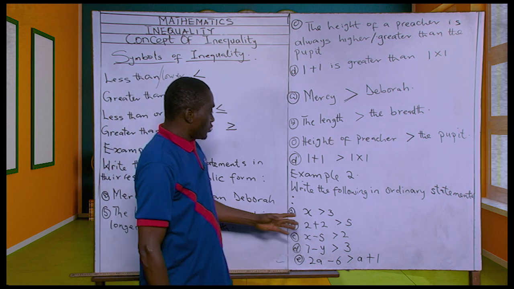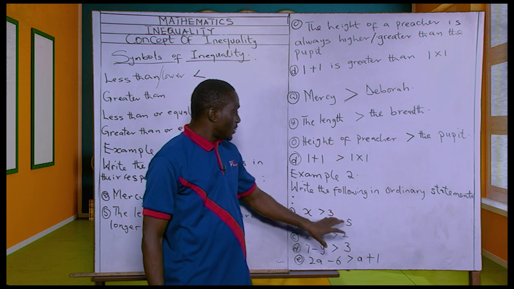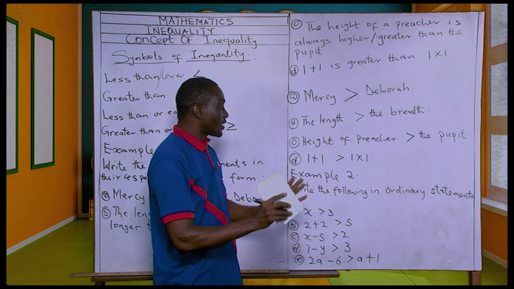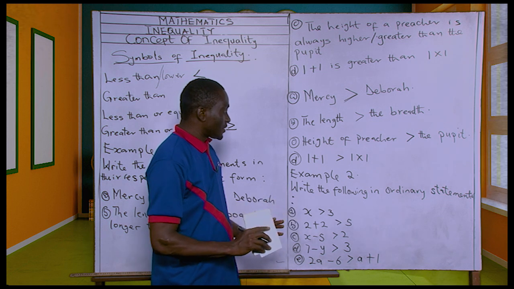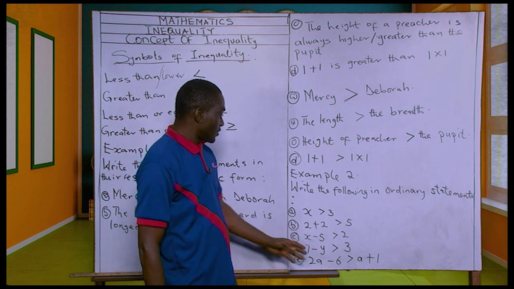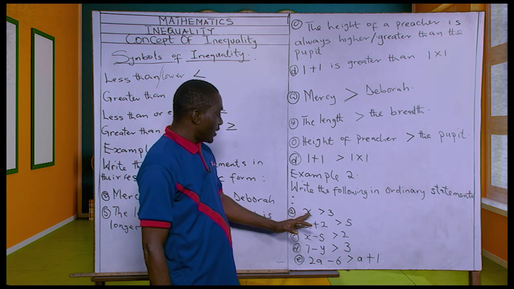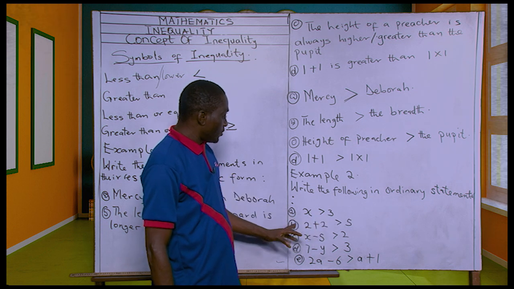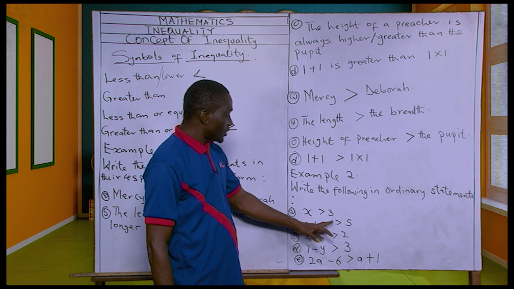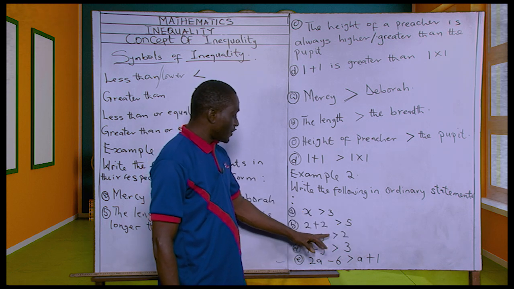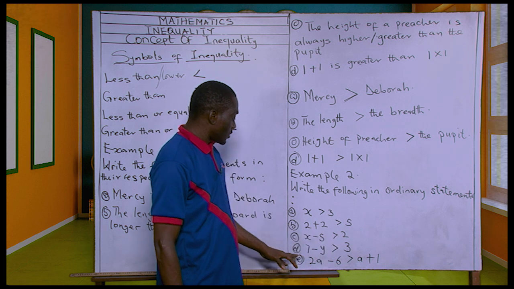Okay, so this is what we are asked to write in ordinary statement form. A, x is greater than 3. B, 2 plus 2 is greater than 5. C, x minus 5 is greater than 2.